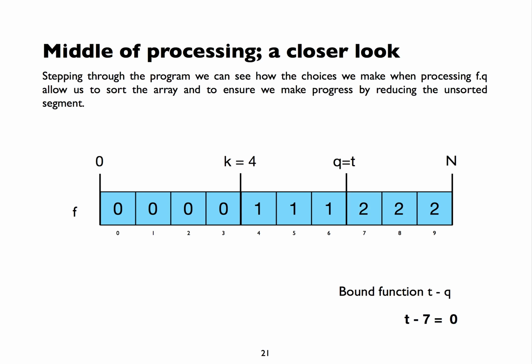And now q equals t at the end of processing, and as you can see, we have split the array into 3 segments. The 0s precede the 1s, and the 1s precede the 2s.